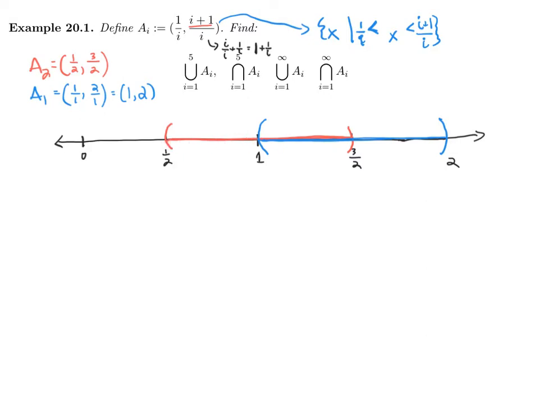Similarly, let's do A3. That's everything from 1/3 to 4/3. So 1/3 is about there. 4/3 is about, there's 1/2, so 4/3 would be about here.